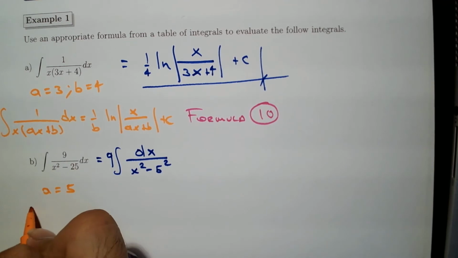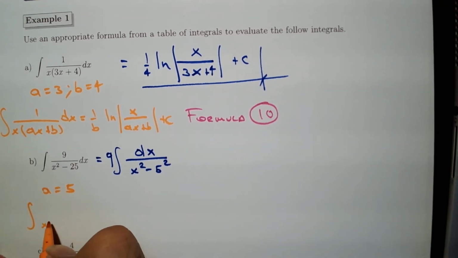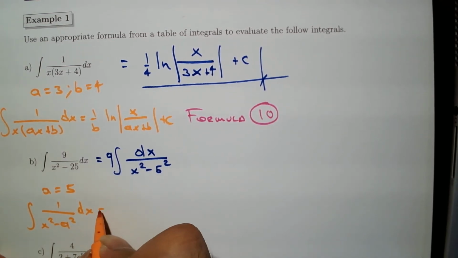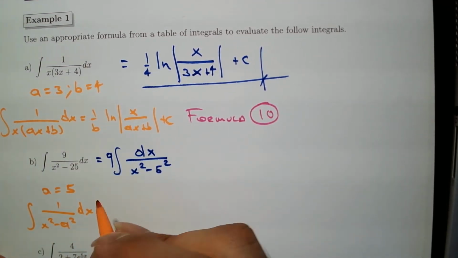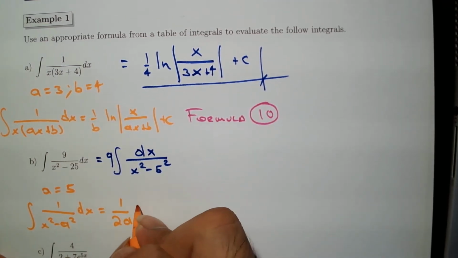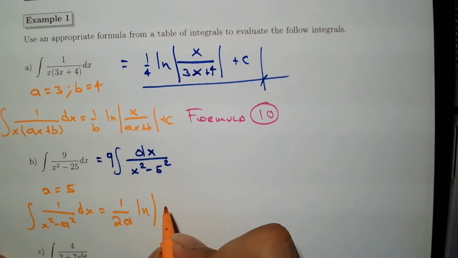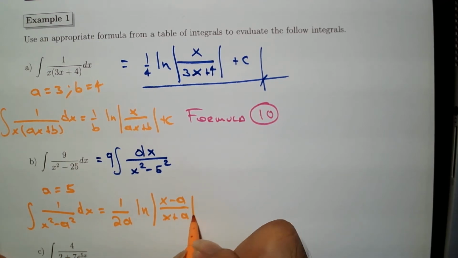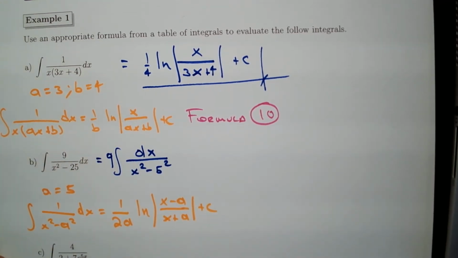So the formula I'm going to use is the integral of dx over x squared minus a squared equals 1 over 2a ln of x minus a over x plus a, plus c.